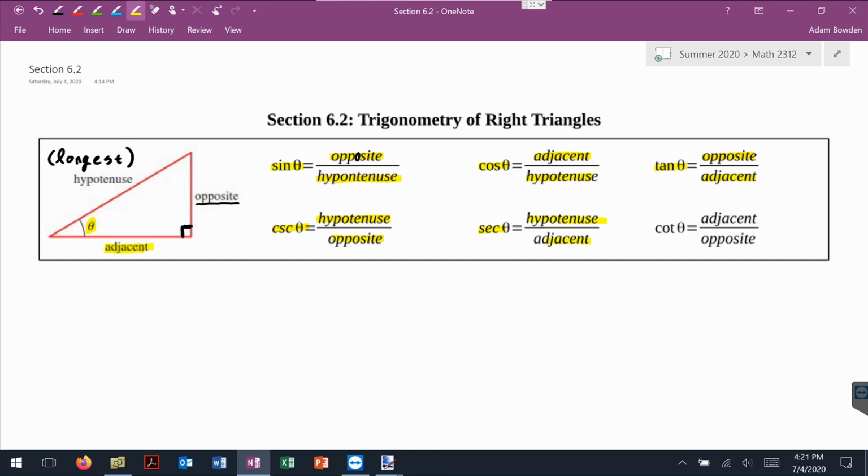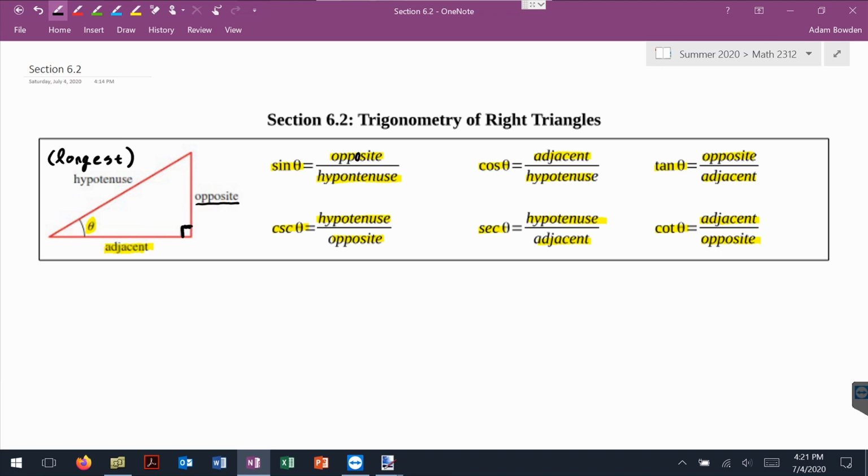Secant is hypotenuse over adjacent, reciprocal of cosine. And cotangent is adjacent over opposite, reciprocal of tangent. So these give us a handy way of solving and working with angles and lengths of sides in right triangles.